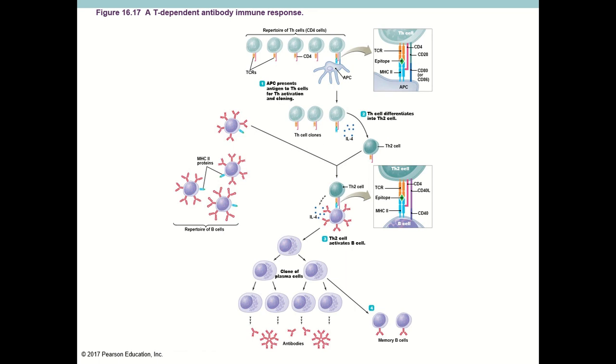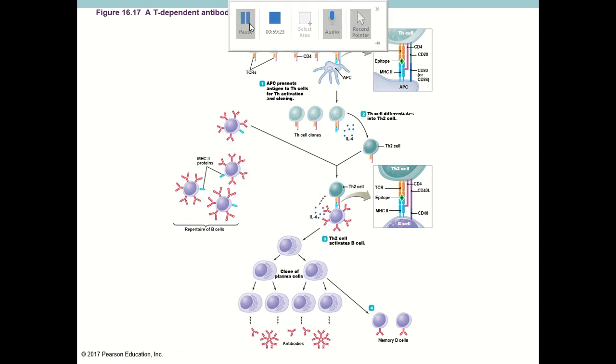This Th2, through the use of interleukins, is going to activate B cells, and then these B cells are going to start cloning, clonal selection, and once they are mature, they're going to produce antibodies, and those antibodies are going to neutralize or opsonize pathogens.